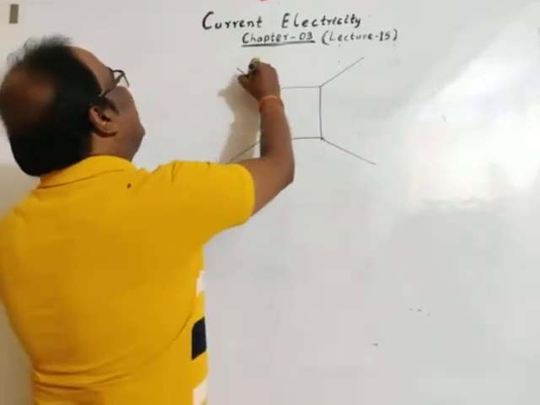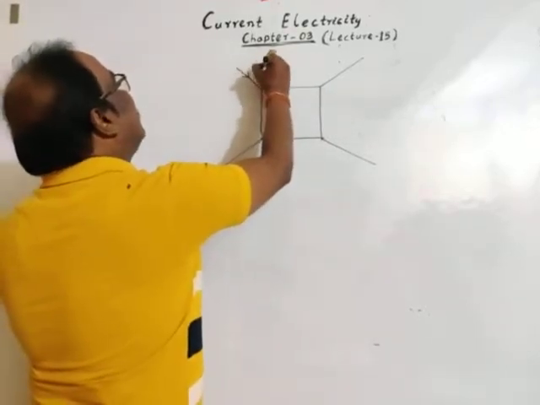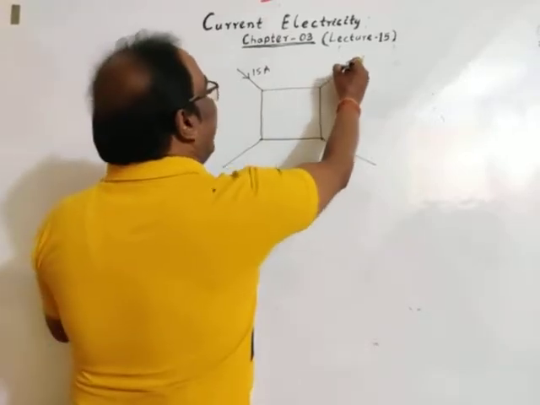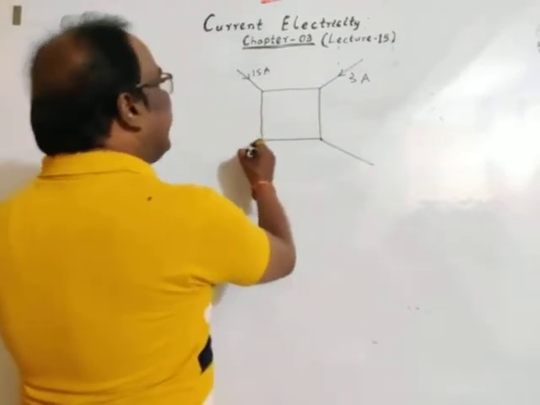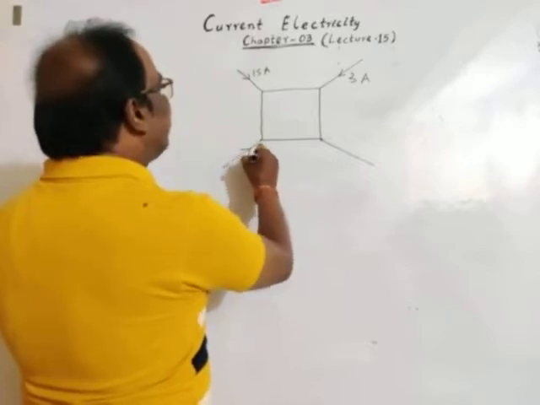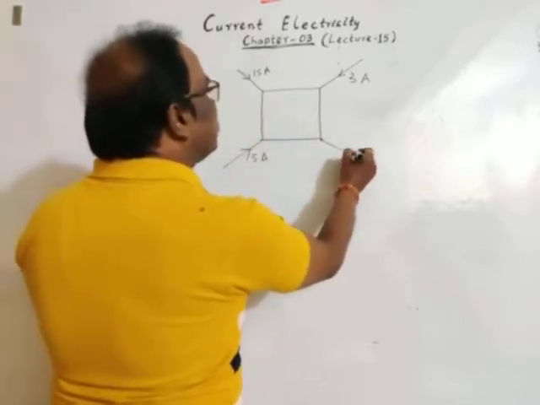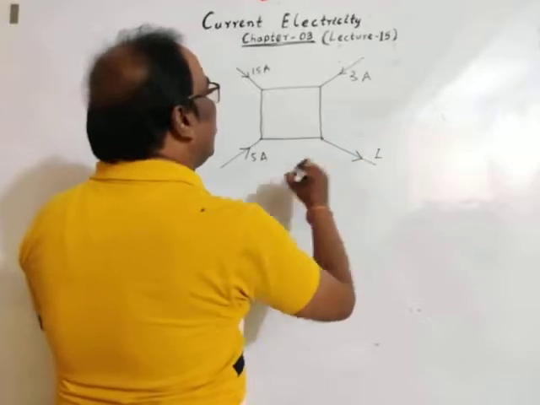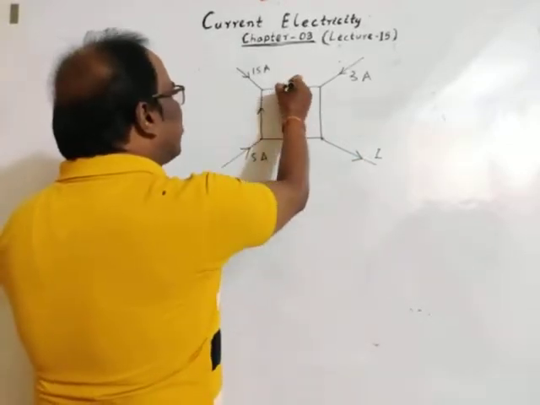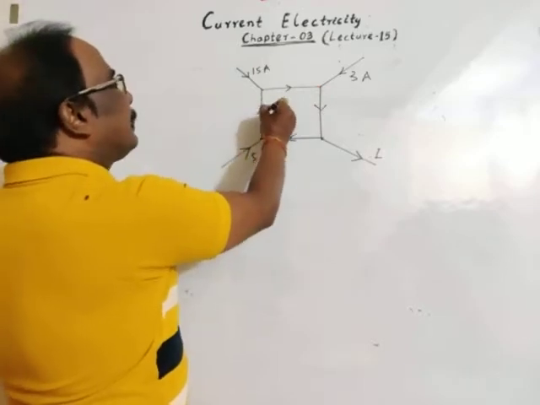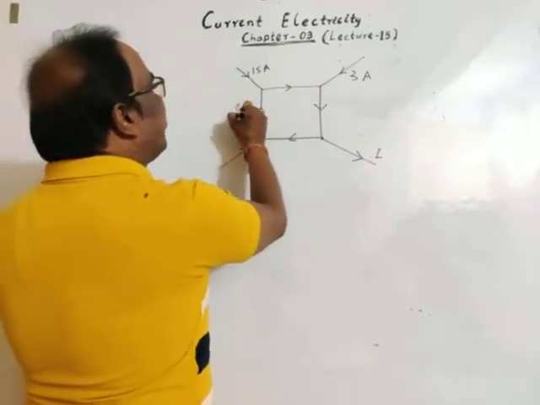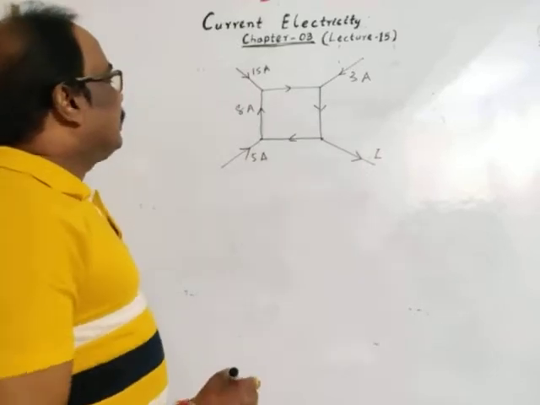Let the current here be 15 ampere, and here 3 ampere. And here let the current be 5 ampere, and this is the outgoing current, let it be I. Suppose current is flowing in this path, so let this current be 8 ampere.